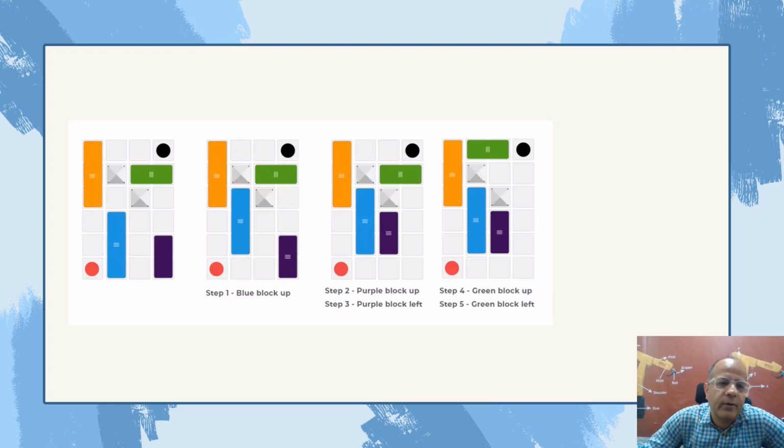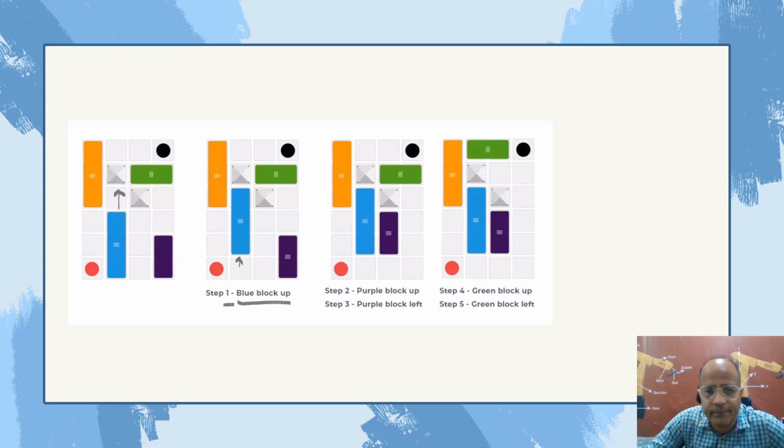Now let's have a look at what the step counting will look like. This was my original question, this is where I start, the initial conditions. Now you can see you have moved the blue block up. This is counted as step one. You can very well see this transition has taken place.